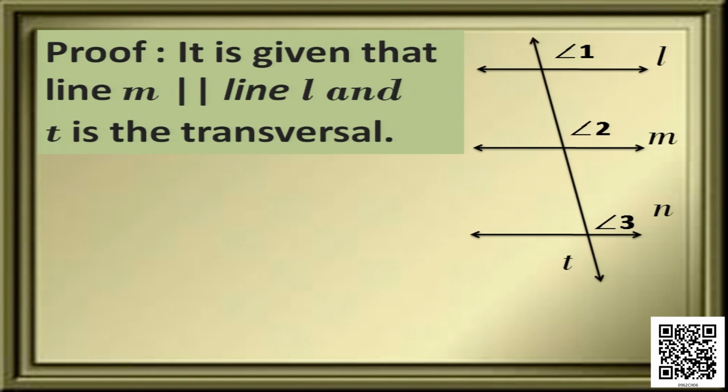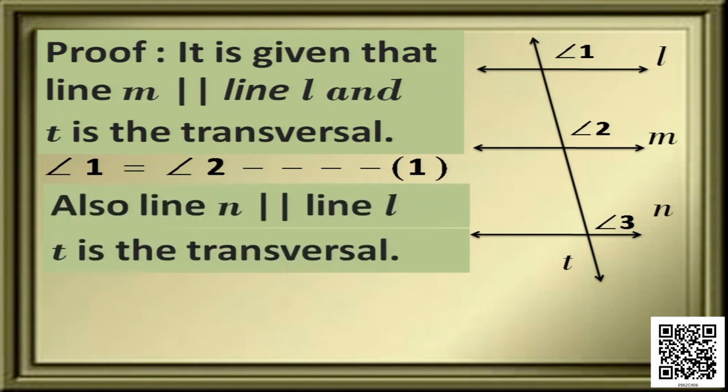It is given that line M is parallel to line L and T is the transversal. Then what are the corresponding angles? So angle 1 and angle 2 are the corresponding angles, so they are equal. Now let's consider another pair, that is N with L. Then T is the transversal.